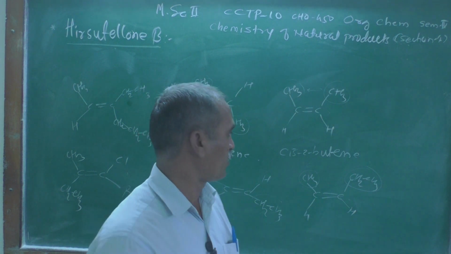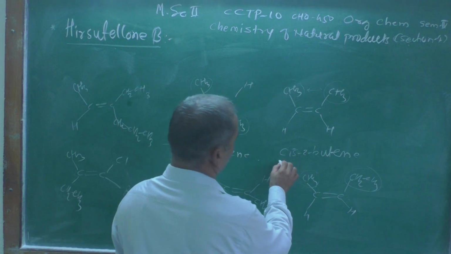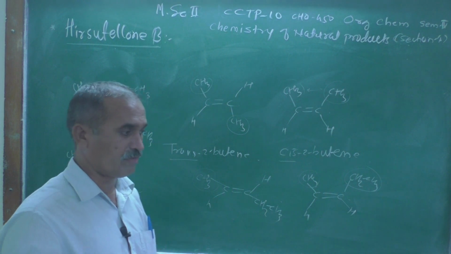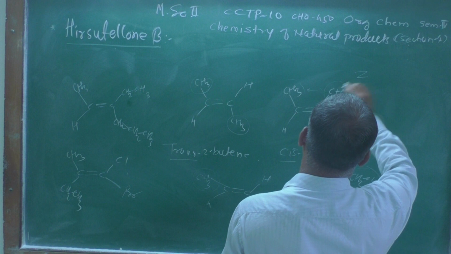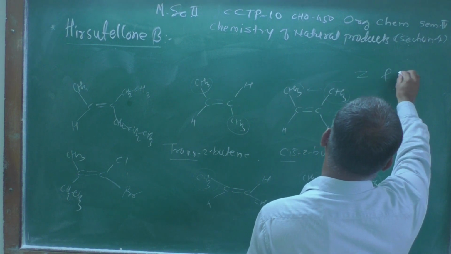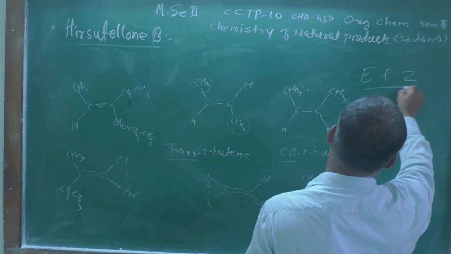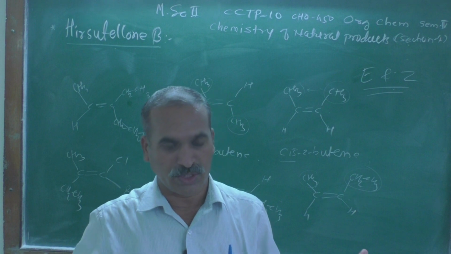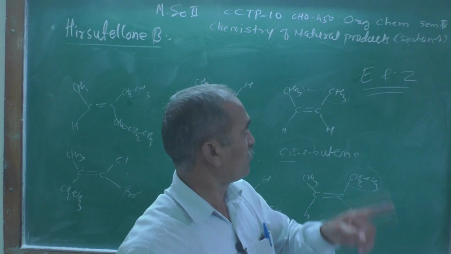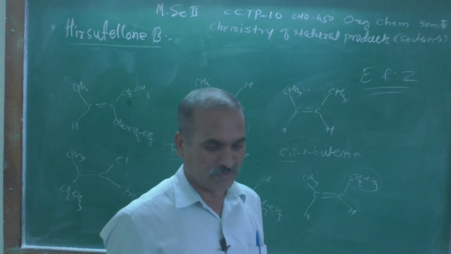Instead of cis and trans, they invented the new terminology, that is absolute configuration, E and Z configuration, or you can call it Z and E configuration. E means entgegen, that is across. Z means zusammen, means together. These are foreign words.